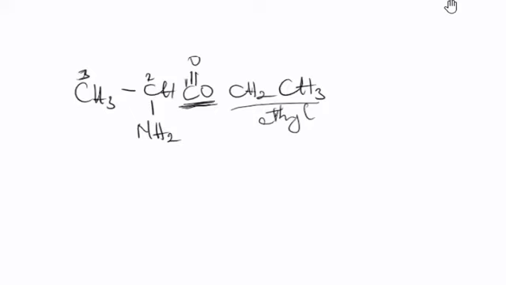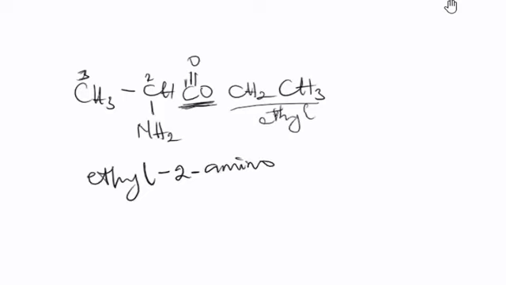So over here I can call this ethyl 2-amino, and what alkane has 3 carbons? That's propane, and in this case it is an ester, so we'll call it a propanoate.